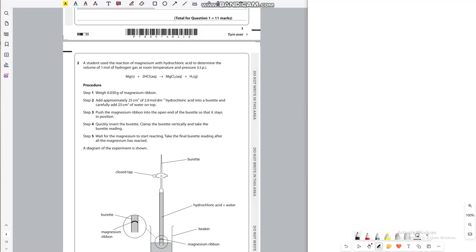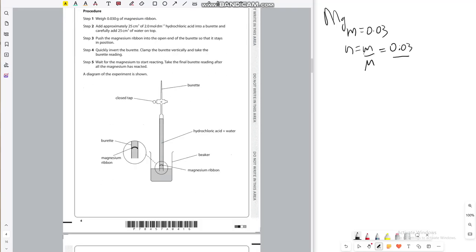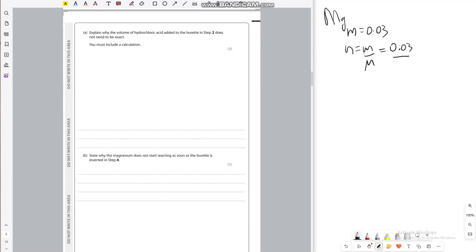So they have said the mass of magnesium is 0.03. To find the number of moles, we need the equation n equals small m over capital M. I think the molar mass of magnesium has to be 24.